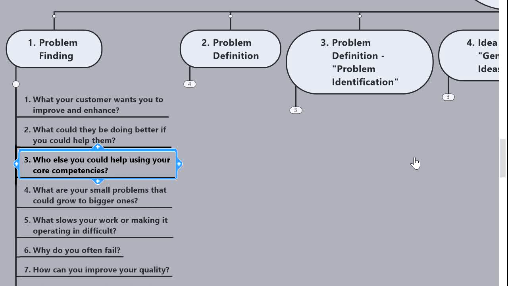That can expand your diversification strategy, for example, or it might take you into a conglomerate strategy.